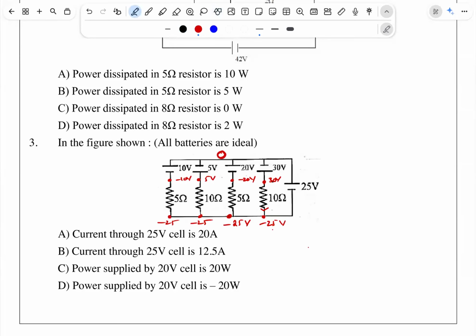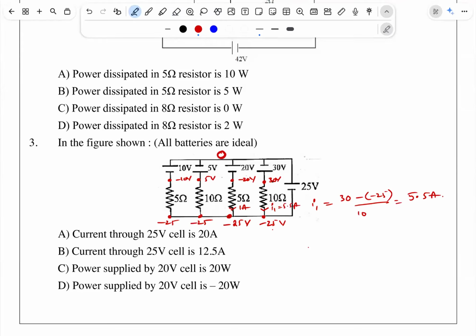55 by 10. So here the current I1 is 30 minus 25 by 10. Here difference is 5 by 5, 1 amps. 5.5 amps.